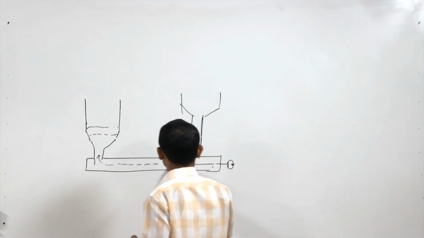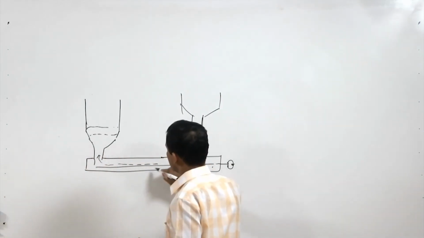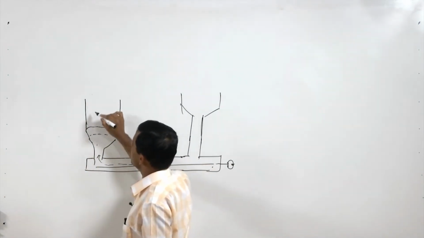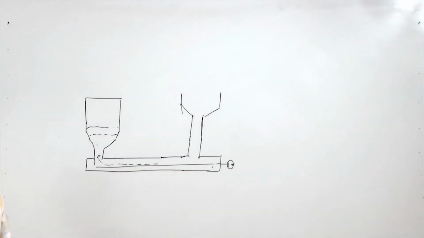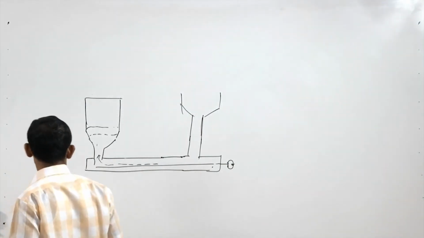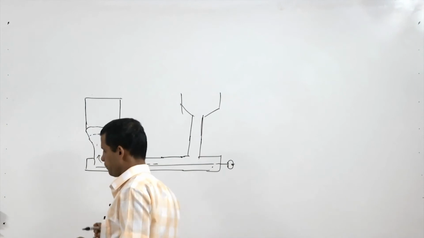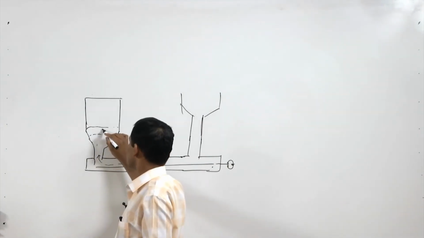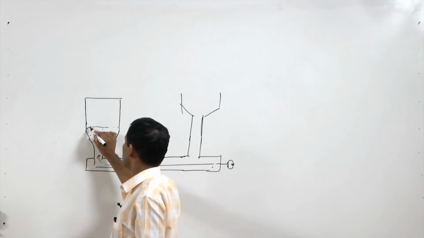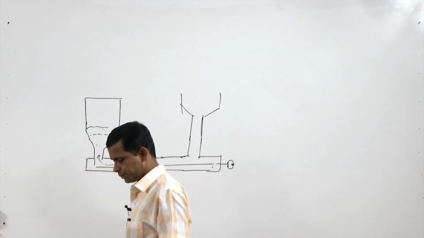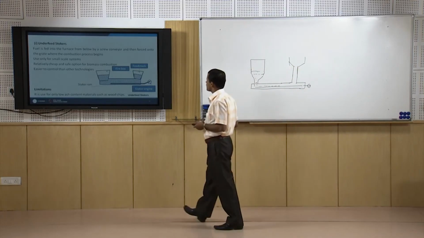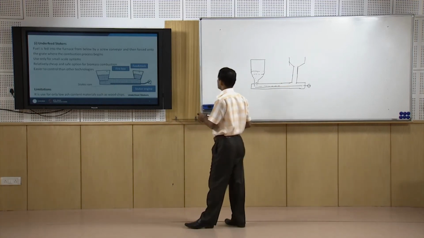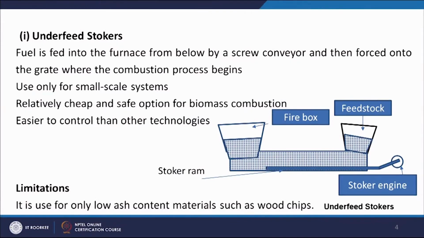That screw arrangement is shifting this material and pushing it inside this combustion zone. So, that is called an underfeed stoker. Material comes from this and enters the combustion zone, then is combusted and ash is collected from it. So, feedstock comes through this and then goes to your firebox.